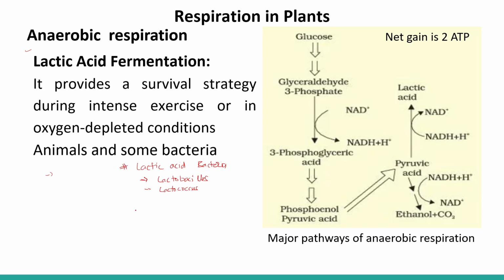Another example: lactic acid fermentation can also take place during oxygen depleted conditions, or when there is a lack of oxygen. So sometimes in animals, or humans, you can say it takes place in muscles, when there is a lack of oxygen or oxygen depletion.